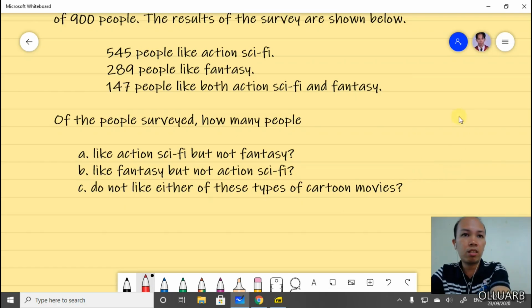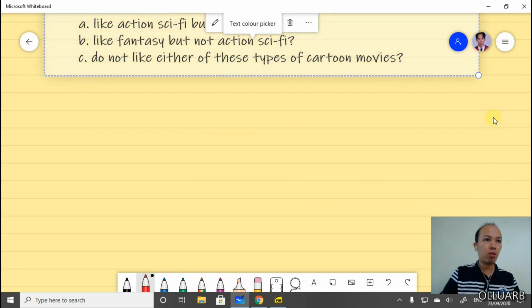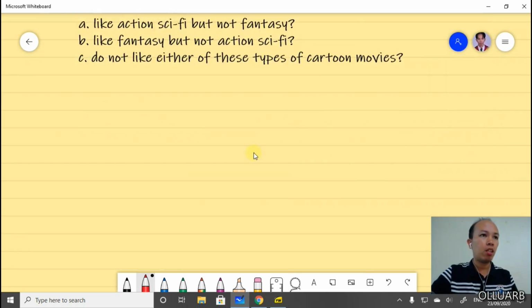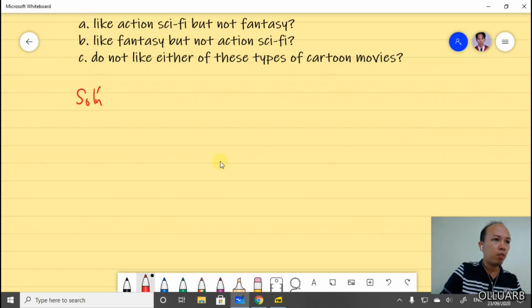So let's again solve this using Venn diagram. You cannot use algebraic solution. Okay, the best way to solve this problem is using Venn diagram. So let's have a universal set.